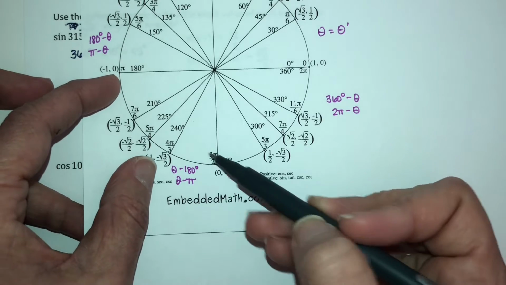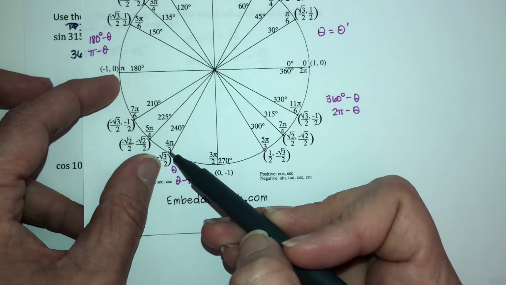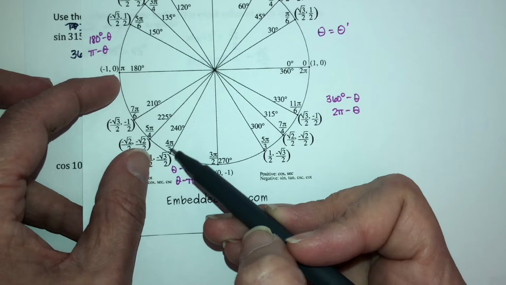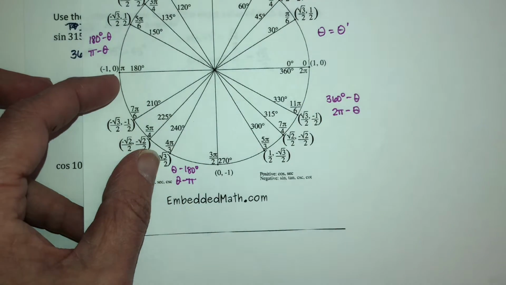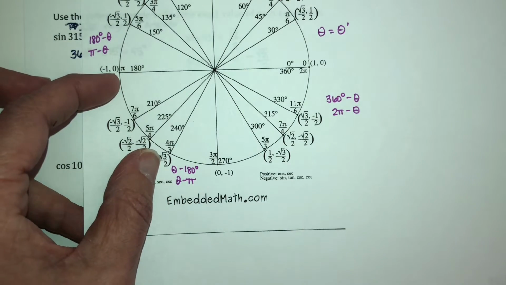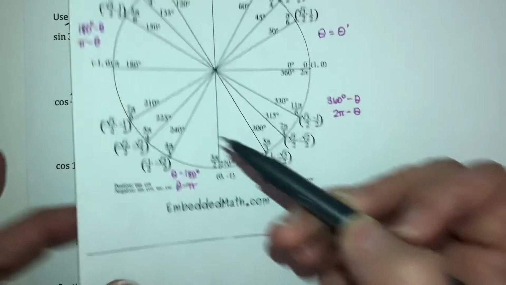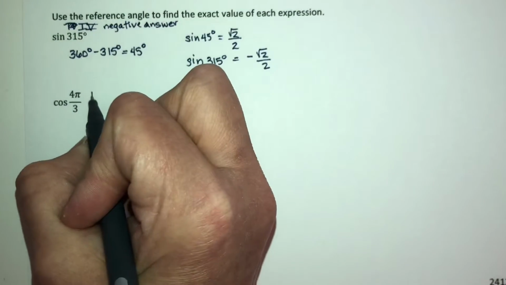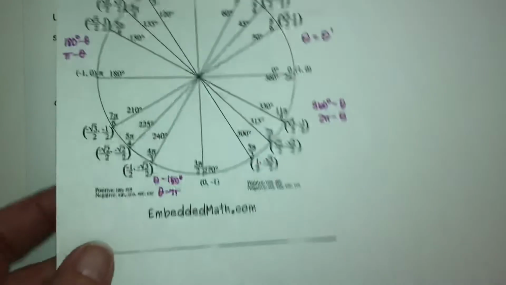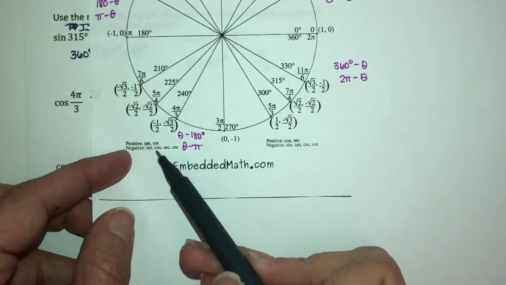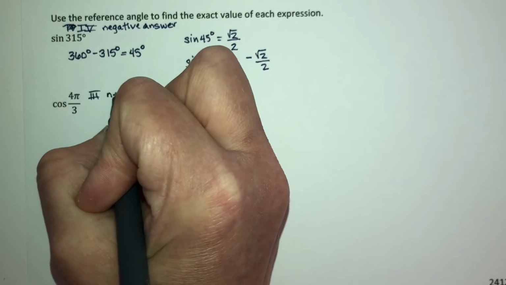Or if you want to think of these as fractions, 4/3 is 1 1/3, and this is 1 1/2. Or you can think of it in decimals, whatever you need to do to figure out where it is. Anyway, we are in quadrant 3. And in quadrant 3, cosine is negative. So again, I'm going to have a negative answer.